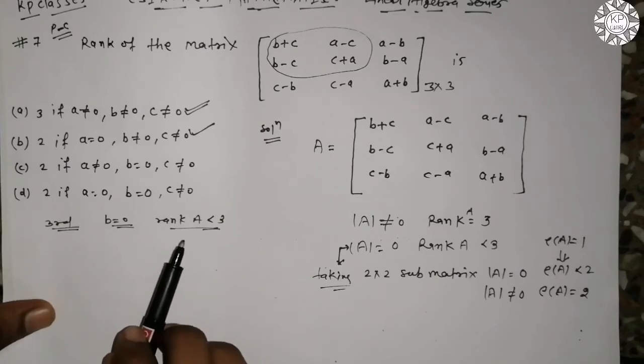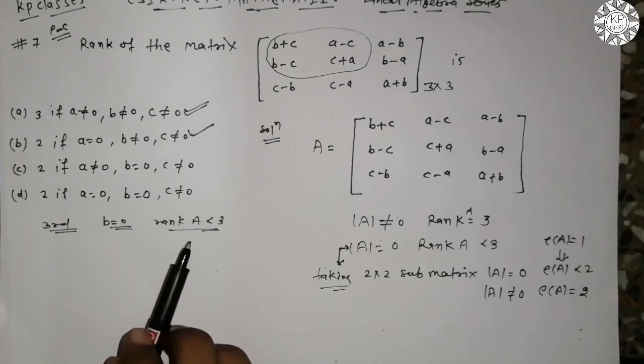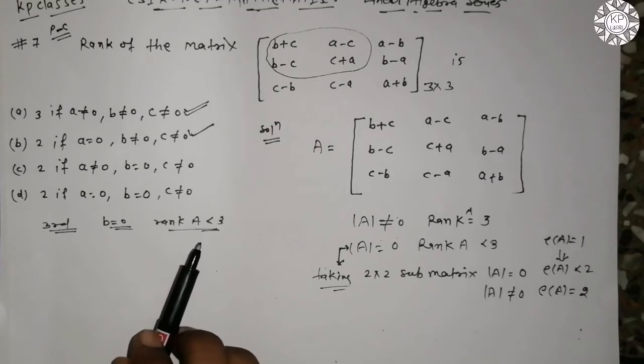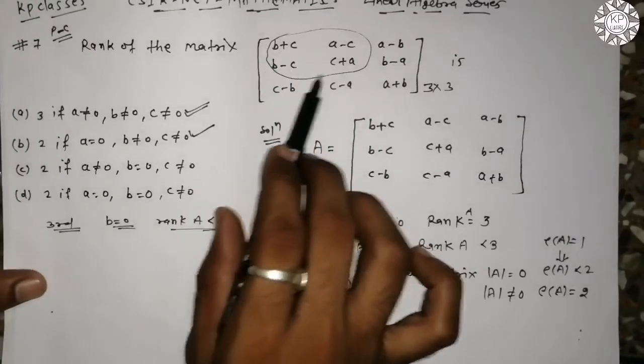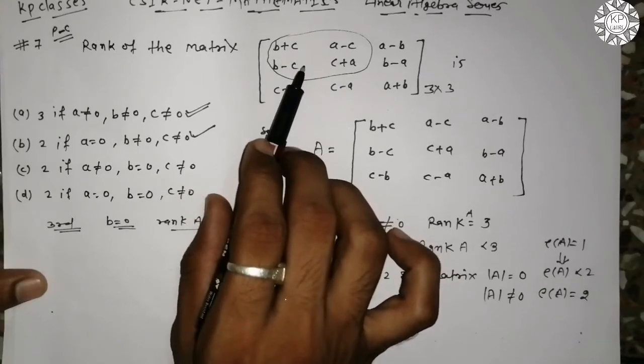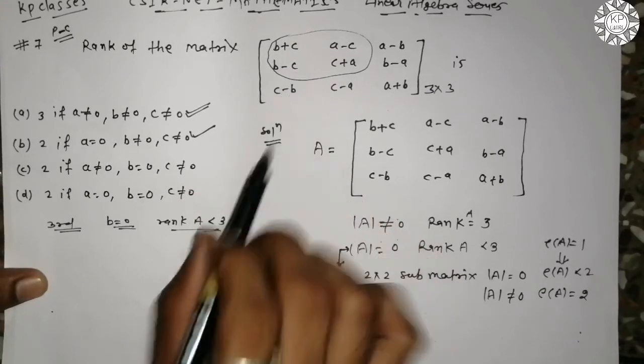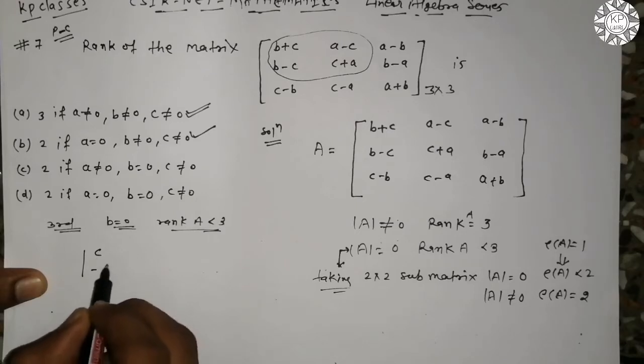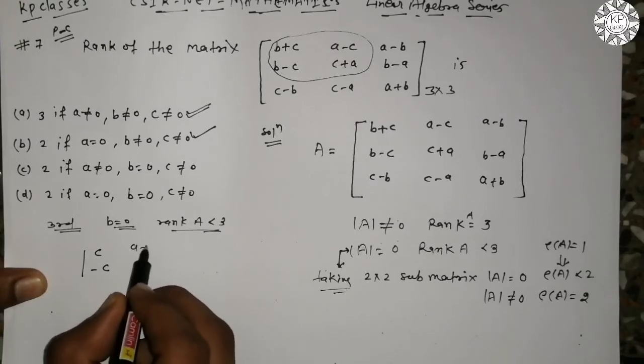Now check the submatrix of 2 cross 2. Taking this block and putting b equals 0, we get c, minus c, a plus c, a minus c.